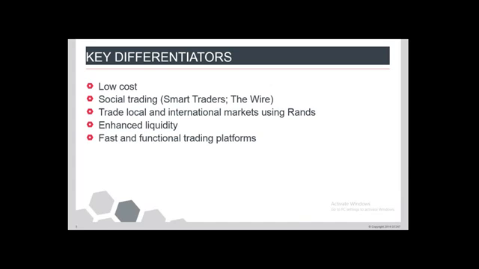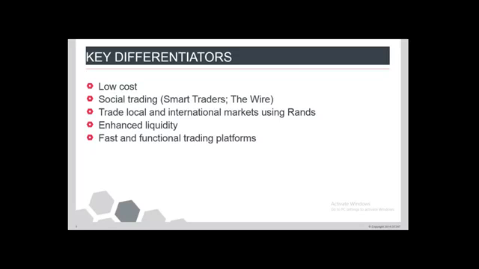All right, and what exactly separates us from our key competitors? What are our differentiators? So number one, we are low cost. We're very competitive in our cost structure compared to any other spread trading platform.